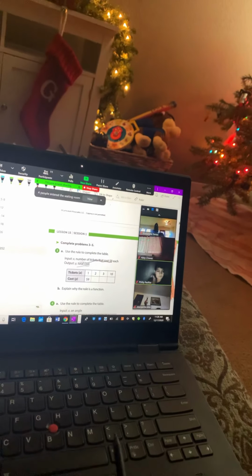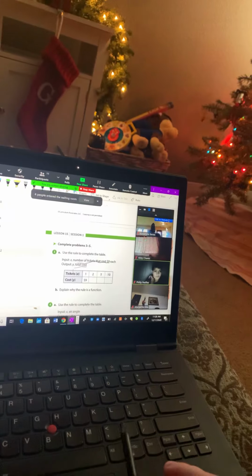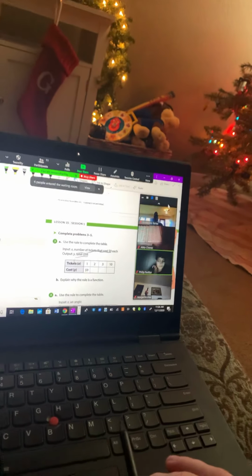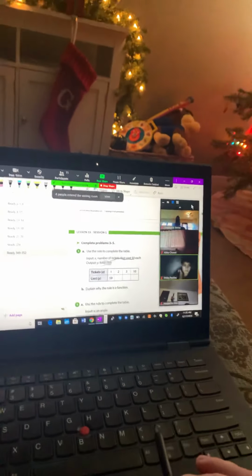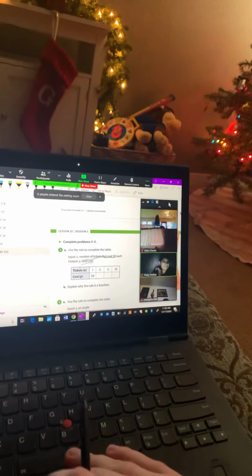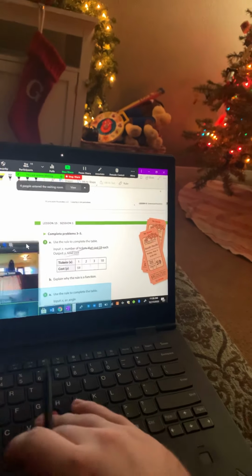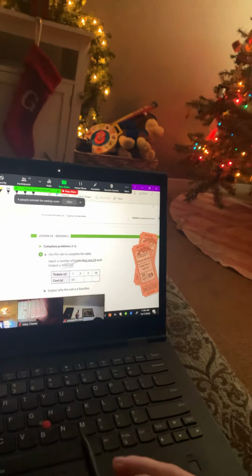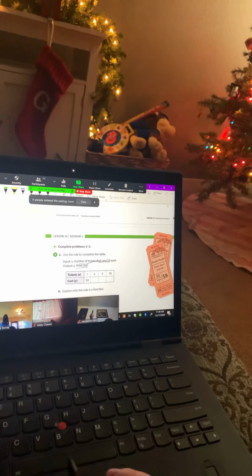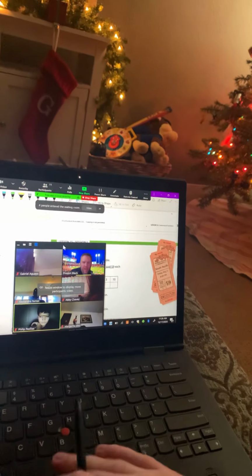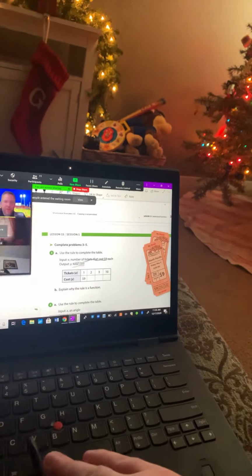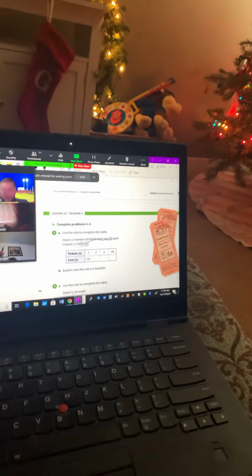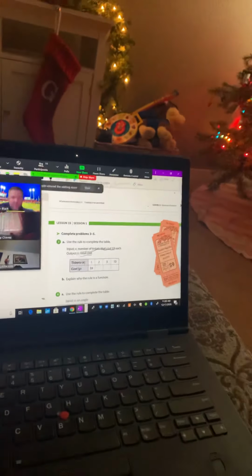Each ticket costs $9, and the output is the total cost. So let's go ahead and look at the table. And we notice that there already is an input and an output given to us.